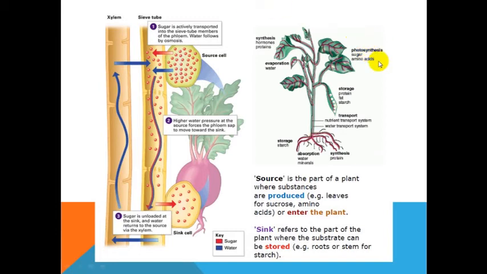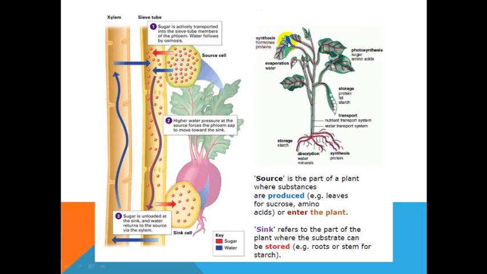Photosynthesis produces sugar, and amino acids come from the absorption of minerals by the roots. These two nutrients will be synthesized by the plants and transported via the two processes that we have learned, translocation and transpiration. For example, the plant can synthesize amino acids into hormones and proteins.